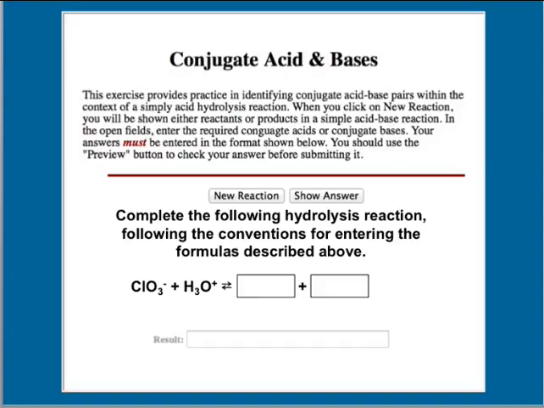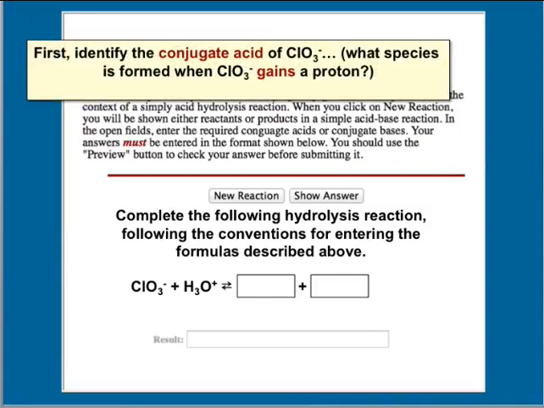Let's do another one. This is chlorate plus hydronium. Now, this is actually a reaction in the reverse direction. The acid species here, the thing that's going to donate the proton, has got to be hydronium, doesn't it? The thing that's got to accept the proton here has got to be chlorate. So if you look at chlorate, what is its conjugate acid?